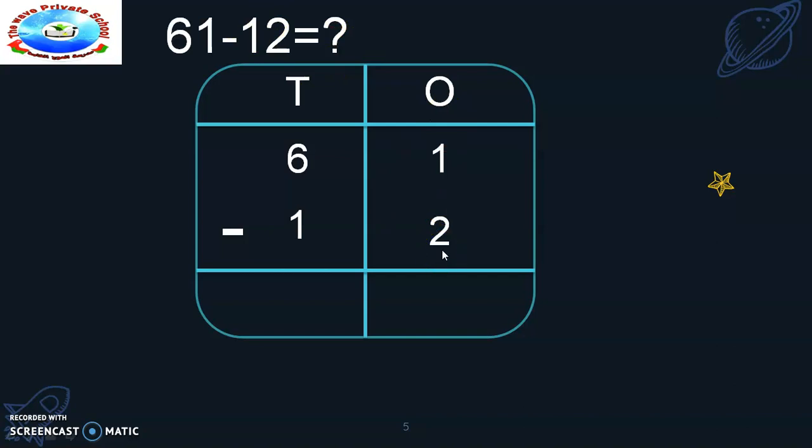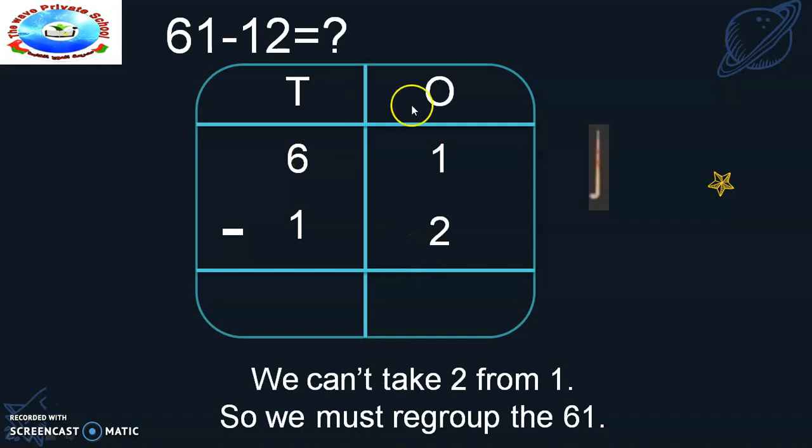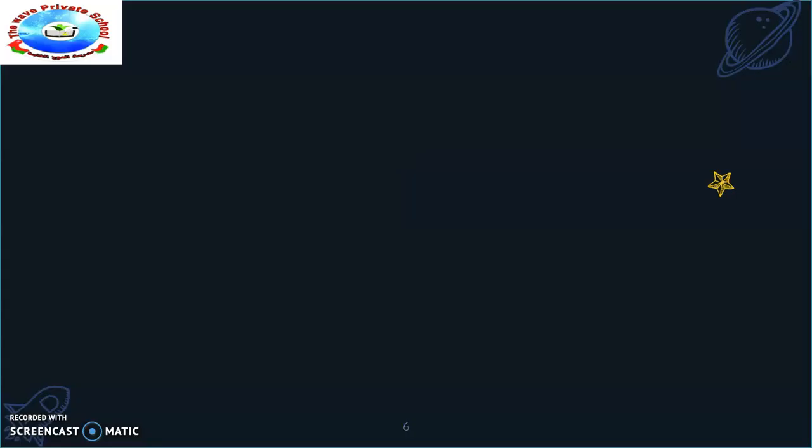Here we need to take 2 from 1. We have 1 hockey stick. But we cannot take 2 from 1. So we must regroup the number 61. Let's see how to regroup 61.